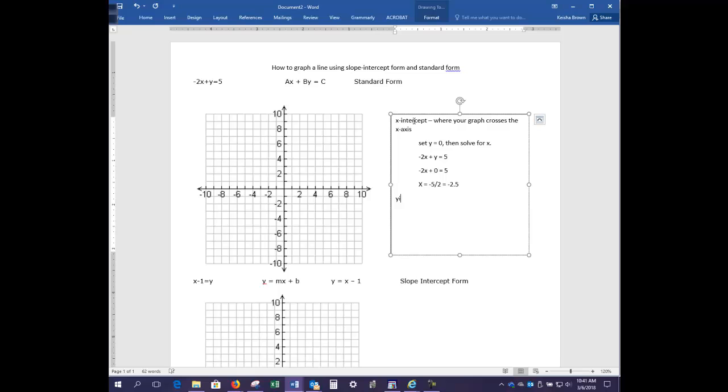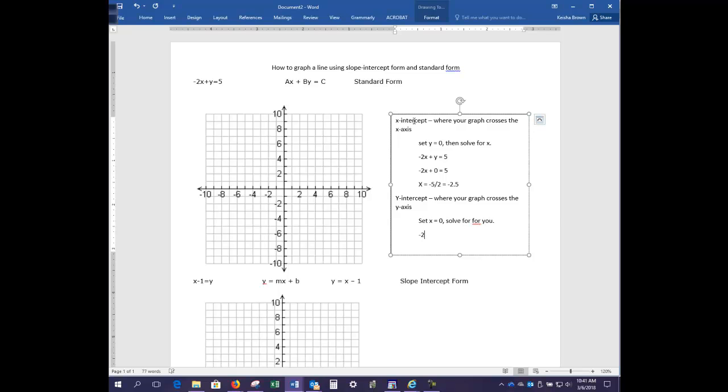To find your y-intercept, you do the exact opposite. Your y-intercept is where your graph crosses the y-axis. So you set the opposite variable equal to 0, so this time you set x equal to 0, and then solve for y.